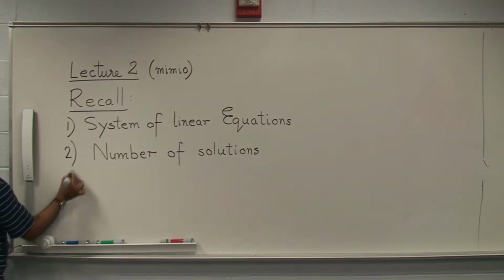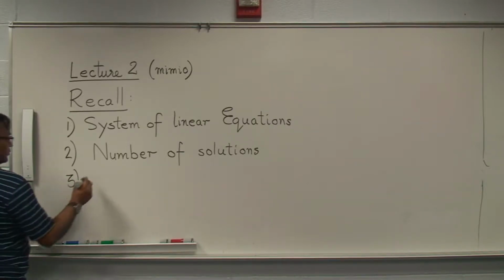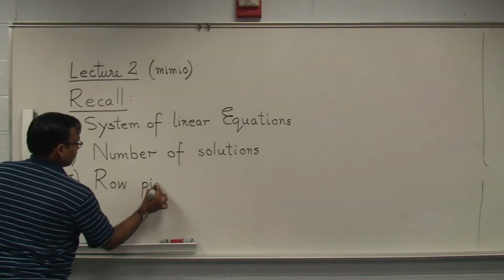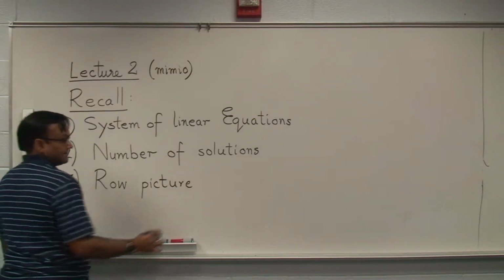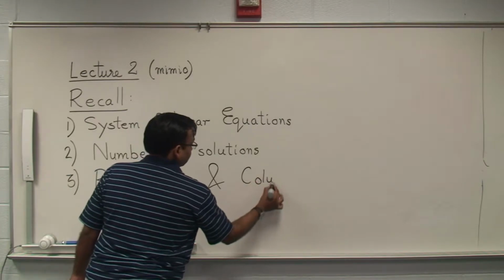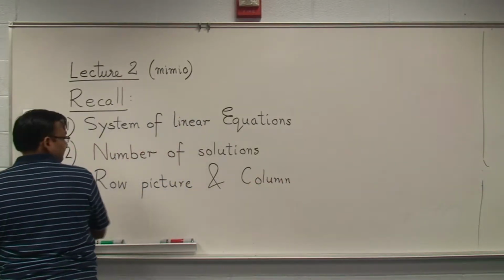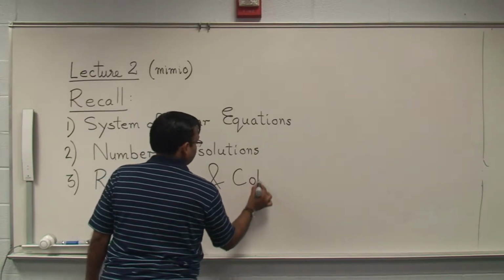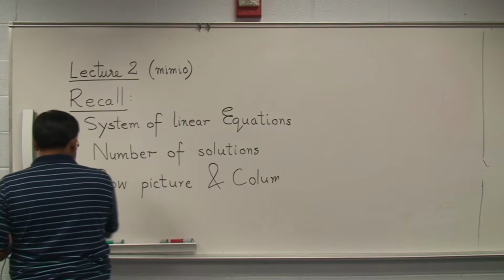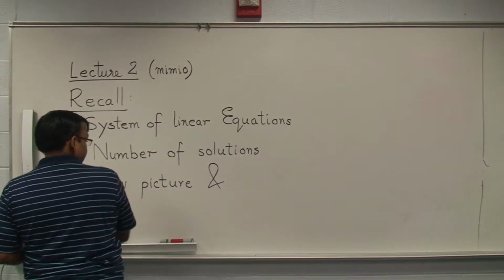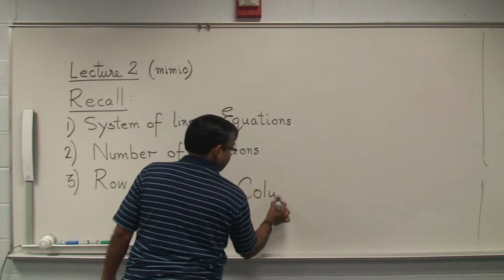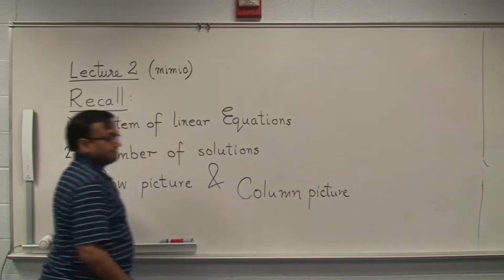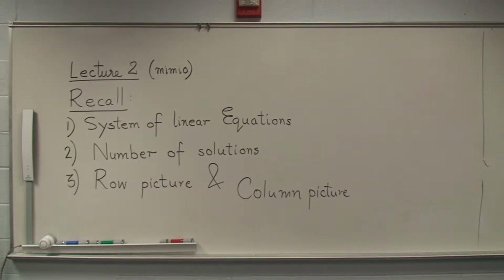Then we also talked about the so-called row picture and the column picture. Okay. So these are the three things we talked about.